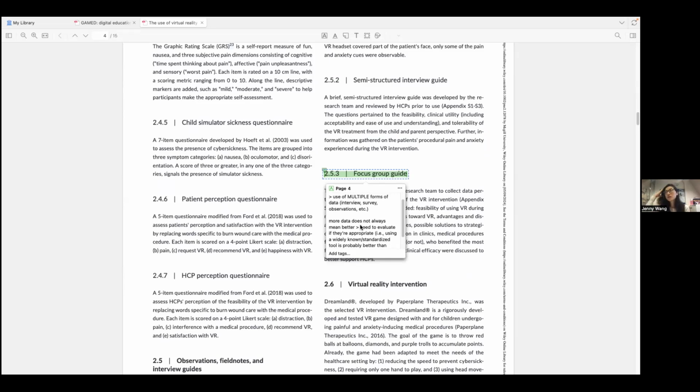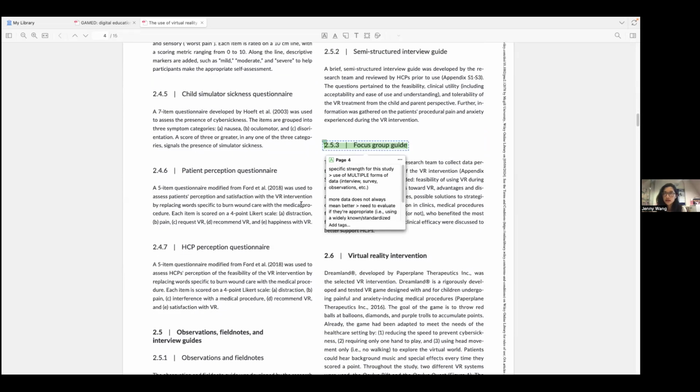One of the strengths of this mixed method study is that they're using multiple forms of data like interviews, surveys, observations, etc., which means you have multiple streams of, quote unquote, proof coming in for your findings. But just to note that more data doesn't always mean better. You need to ask yourself if the data they're collecting actually is appropriate and aligns with their research aims.